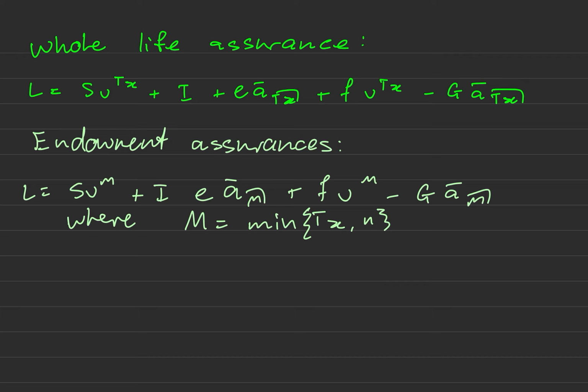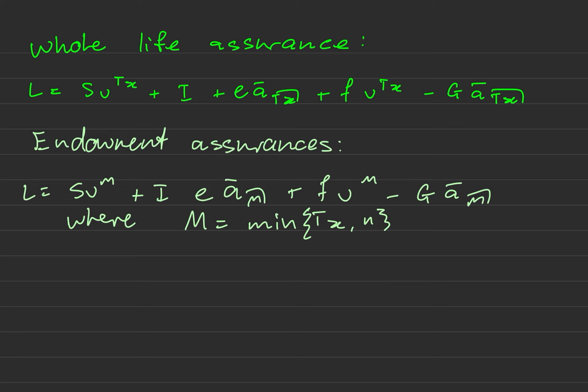Whichever one happens first determines the termination of this contract, and so I take the minimum of those two. I do the same for all of these things, and similar logic just applies all the way through. So I'm not going to continue saying the same thing.